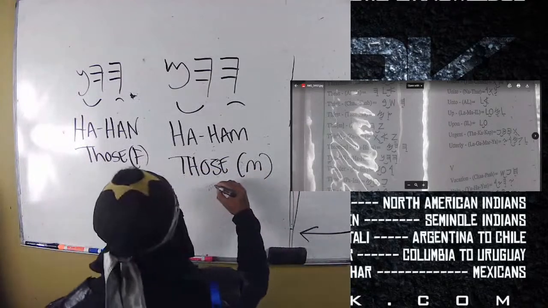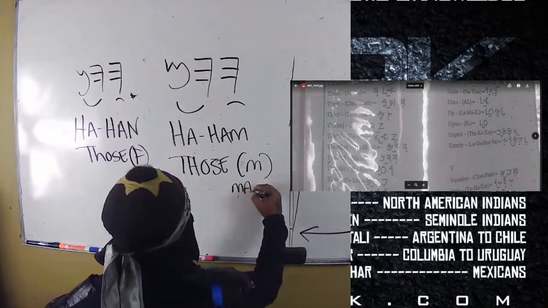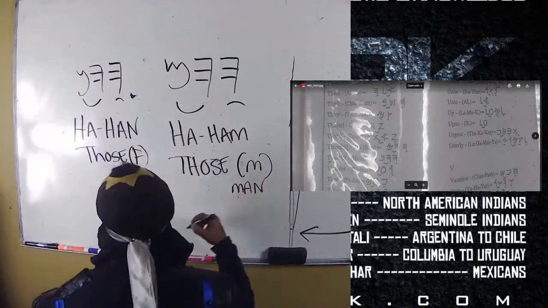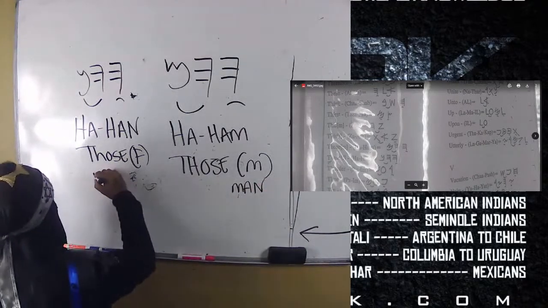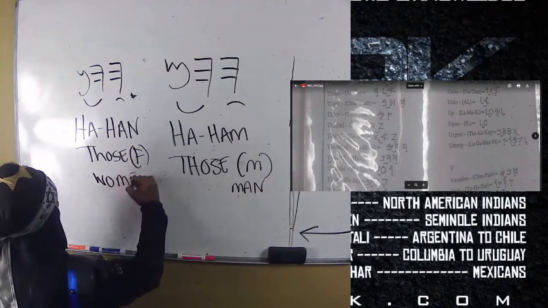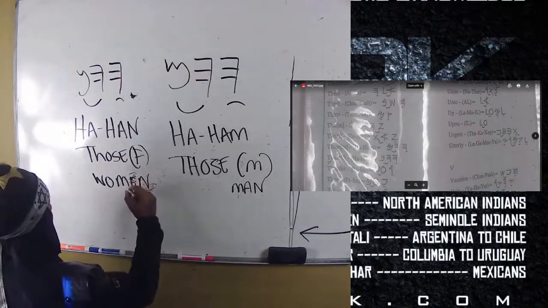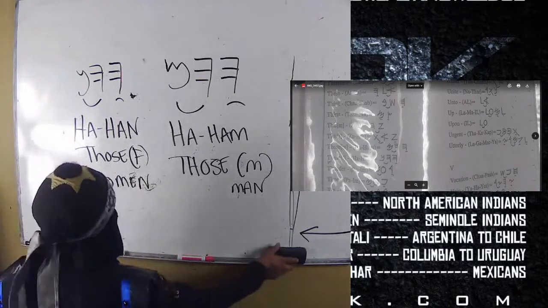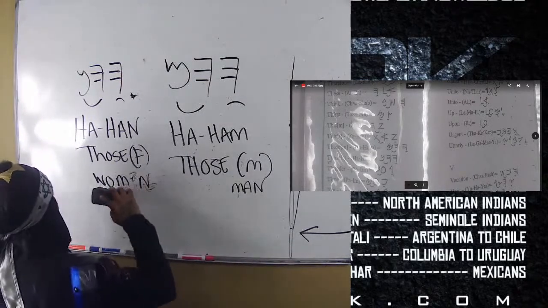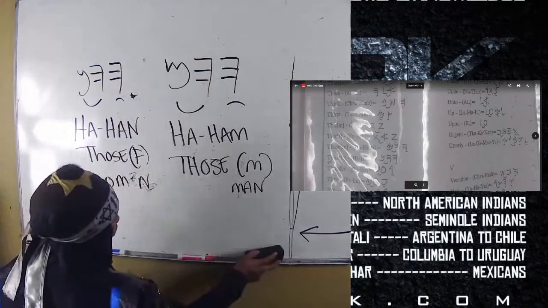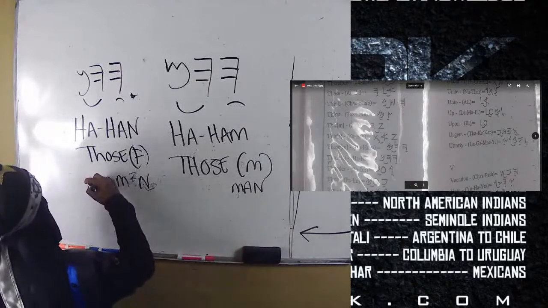So this is for male or men, right, man? And this is for woman. For women, man, and then I put woman. Let me just put woman. All right. So those women, those men.